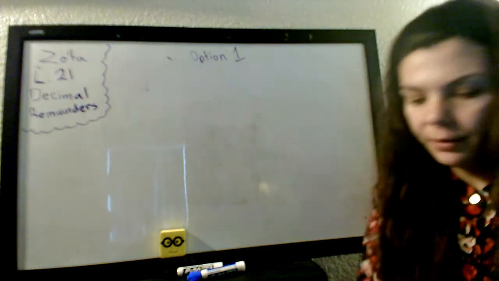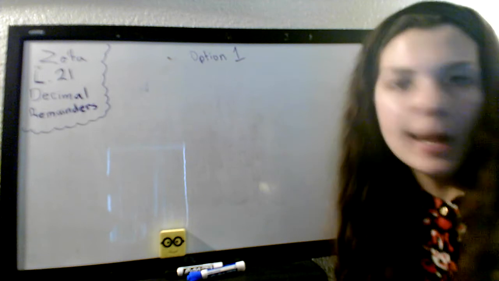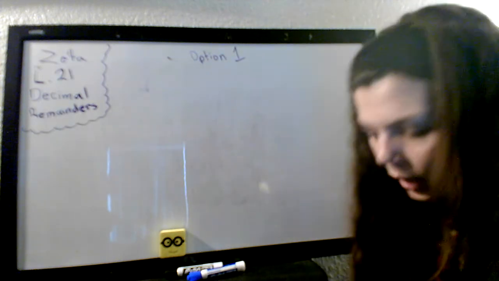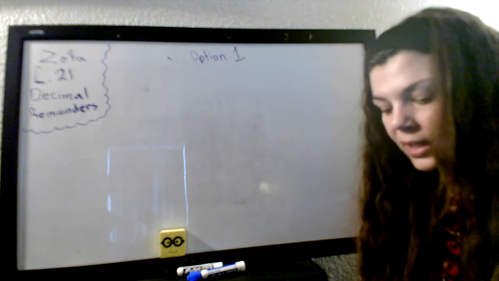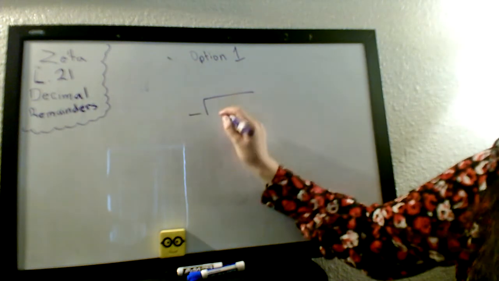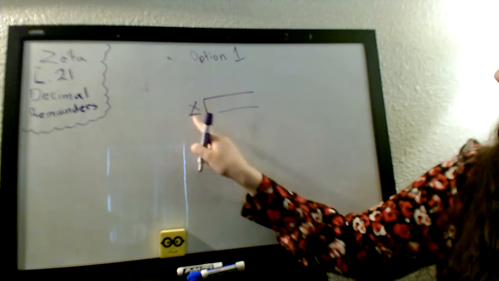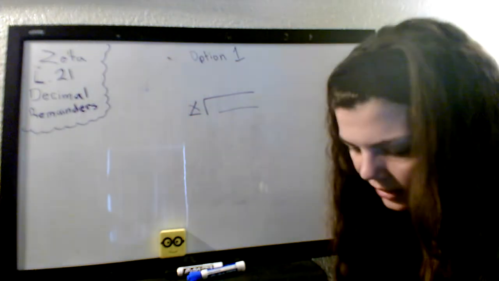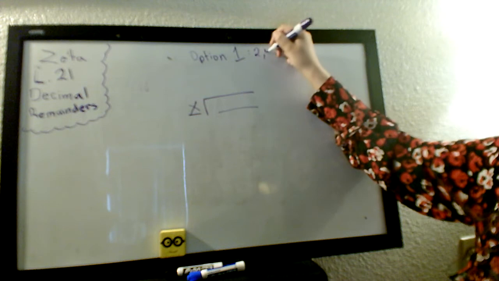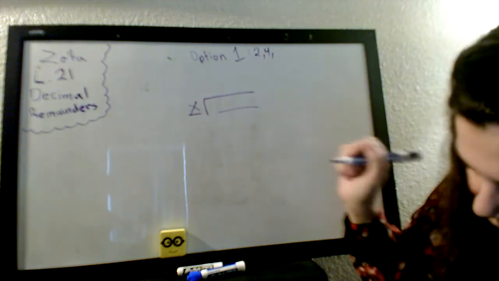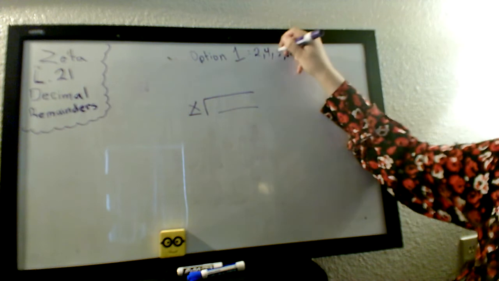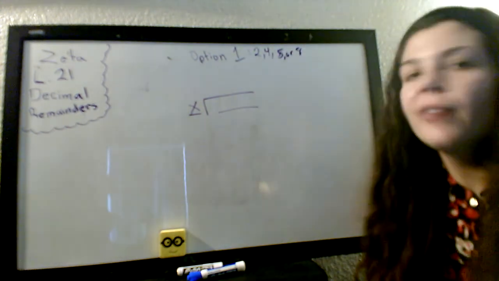Option 1 for decimal remainder. So we're dividing our decimals still. We're doing the same thing that we've been doing. But for option 1, it says with certain single-digit divisors. So that means our divisor, with certain single-digit divisors such as 2, 4, 5, or 8.